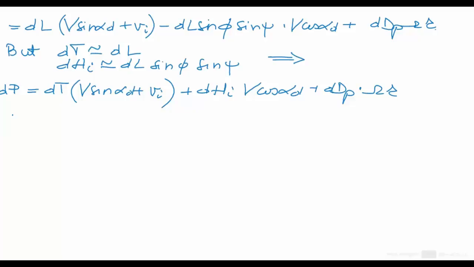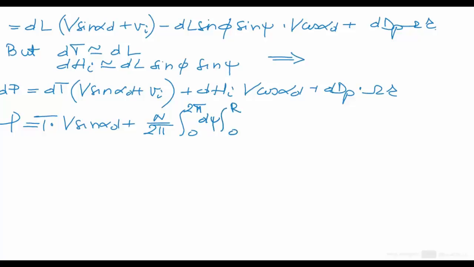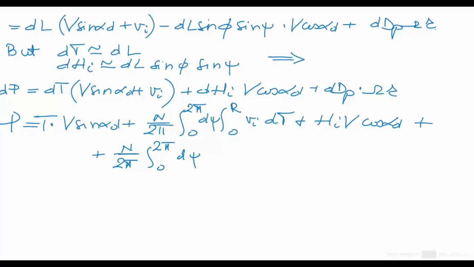It follows that the power of the rotor is T multiplied by V sine of alpha disk, plus N over 2 pi, integral from 0 to 2 pi d psi, integral from 0 to R of vi dT plus H V cosine of alpha disk, plus N over 2 pi, integral from 0 to 2 pi again over the azimuth, integral from 0 to R of dD omega r.